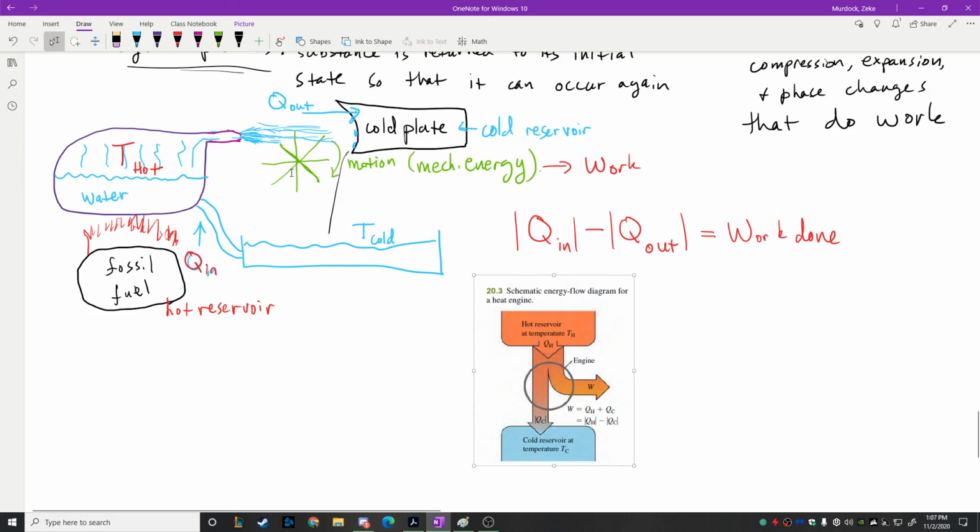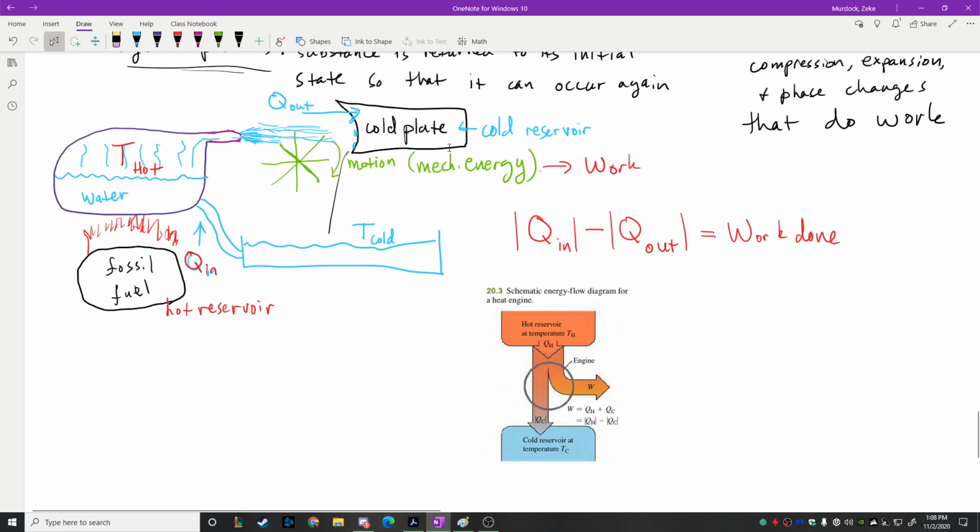But if you think about it, all that the cold reservoir really does in this case is to condense the water so it can be used again, right? And you want that to be able to be kept cold. Sure.